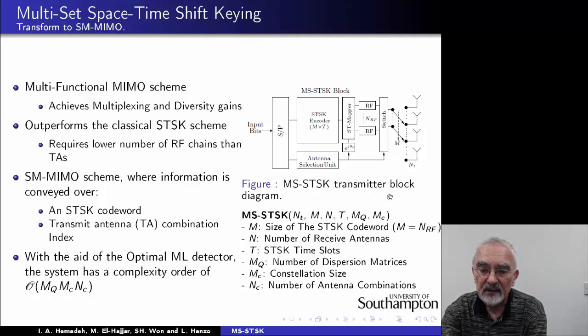And just to mention that MC is the constellation size, and the number of antenna combinations that we can actually generate is denoted by NC. So we have a huge variety of potential schemes that we can design.